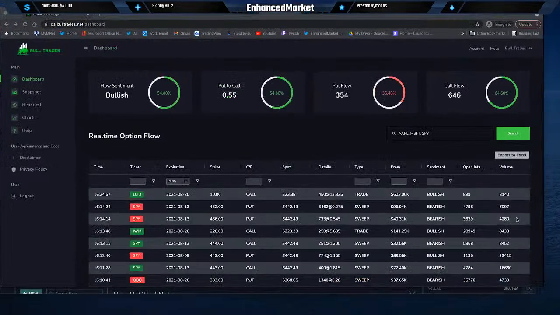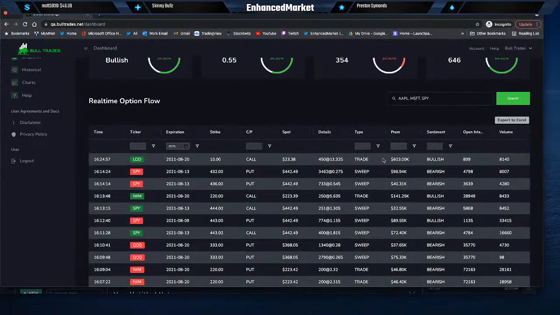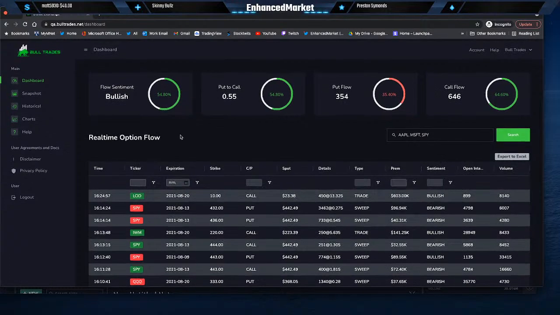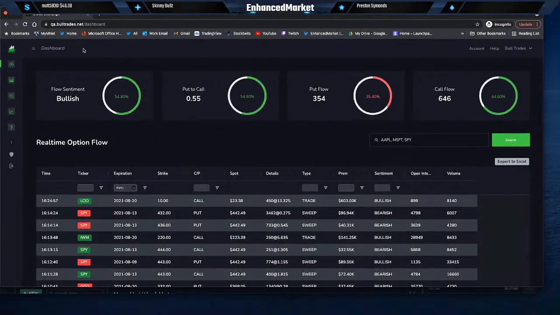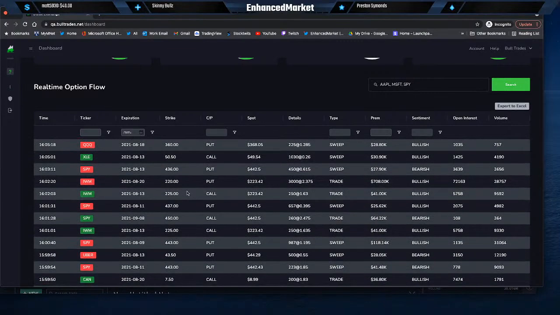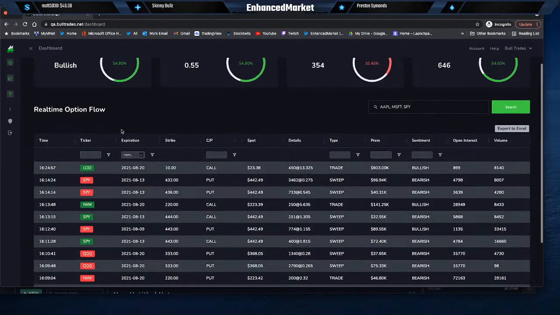But yeah, it's working out really well with this new user interface. Really excited to bring this to you guys. It looks so much cleaner, and there's so much more that you could do with this table.